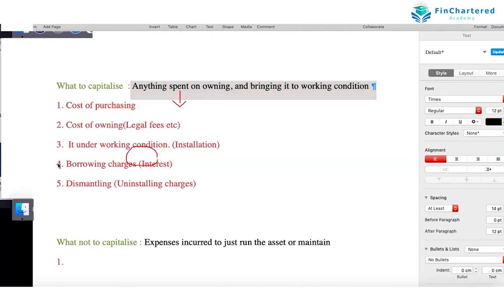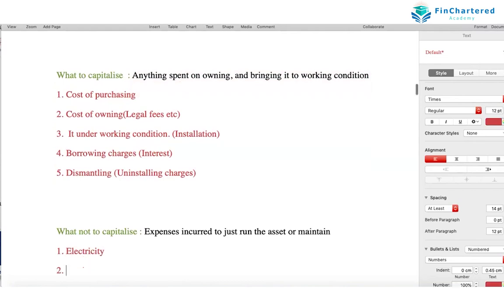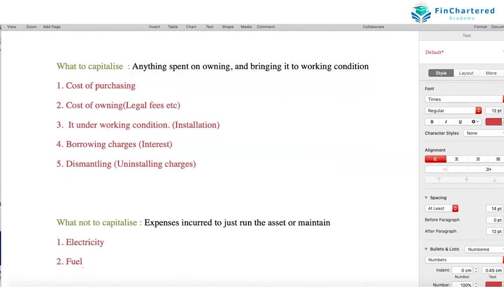They are just for maintaining it or just running it. For example, electricity bill, for example, repair, maintenance, electricity charges. Now, in case of AC, it will be electricity. In case of car, one expense for running the car is fuel. It will not be capitalized. It is just an expense for running the car. It is not an expense for owning it or bringing it to working condition.